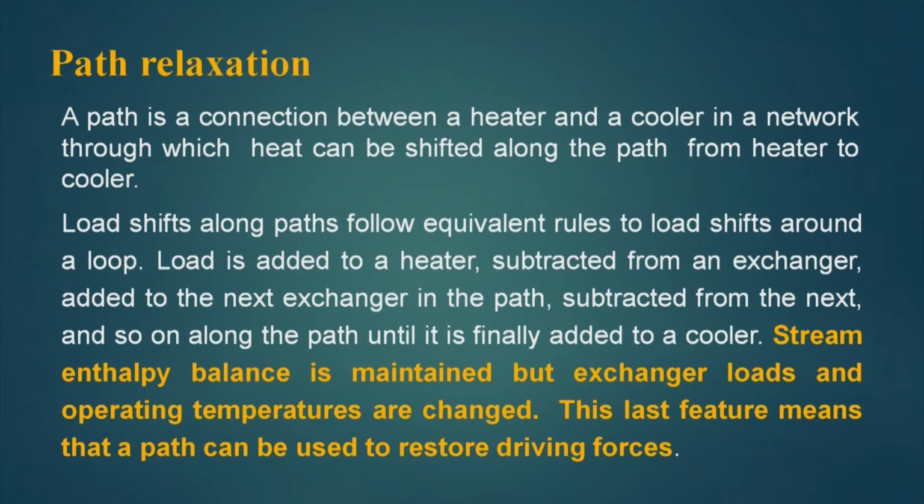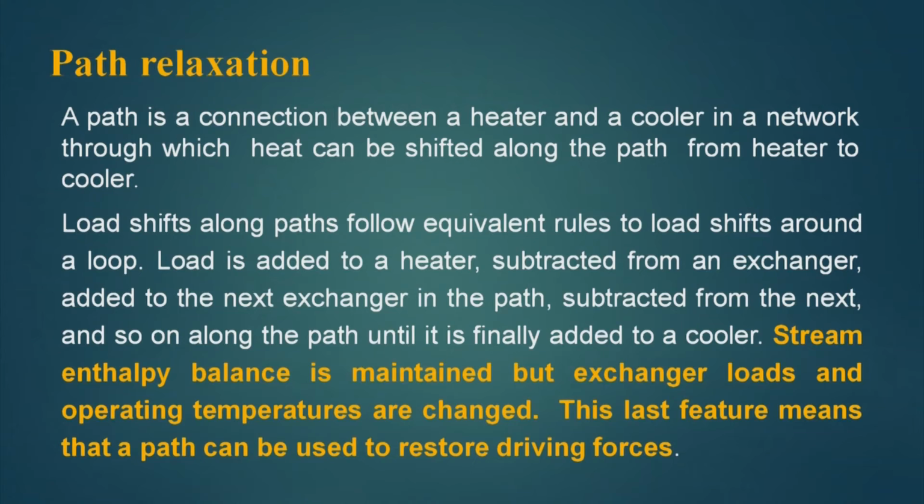A path is a connection between a heater and a cooler in a network, through which heat can be shifted along the path from heater to cooler. Load shifts along a path follow equivalent rules to load shifts around a loop.